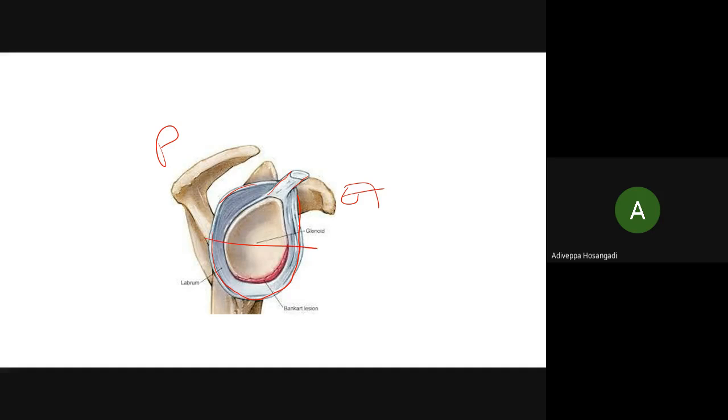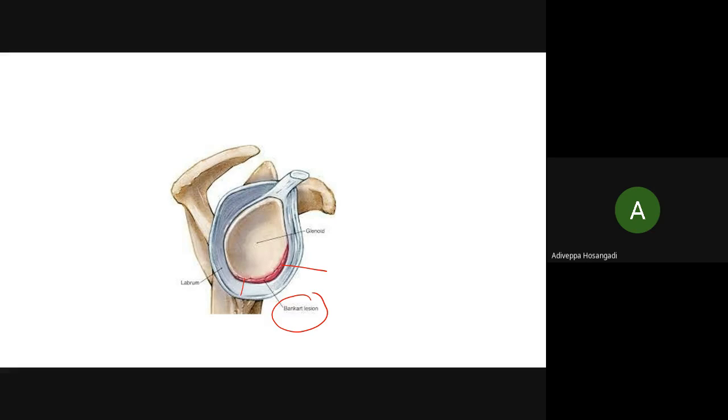If you divide it into superior, inferior, anterior, posterior, the anteroinferior part of the glenoid labrum is avulsed from the margin. This is called Bankart's lesion.